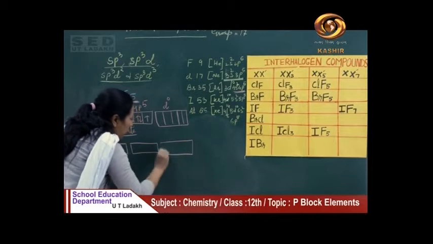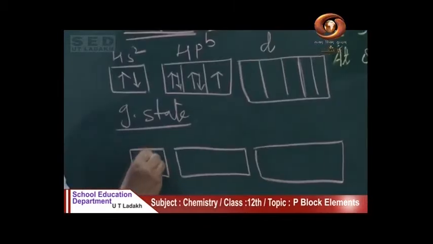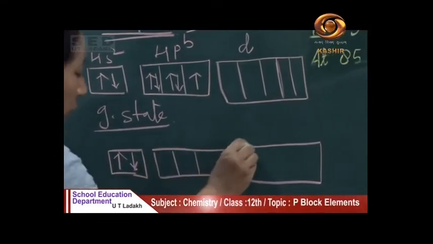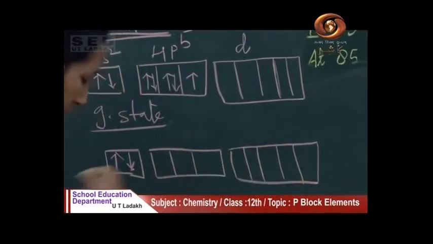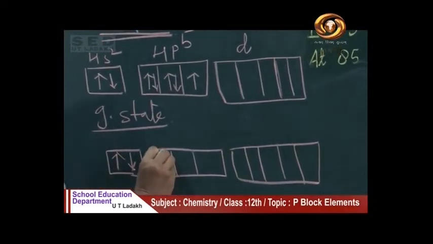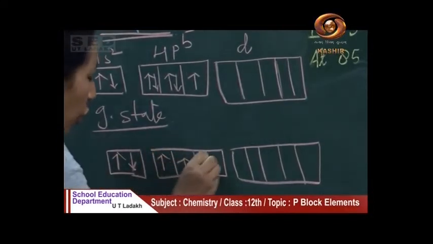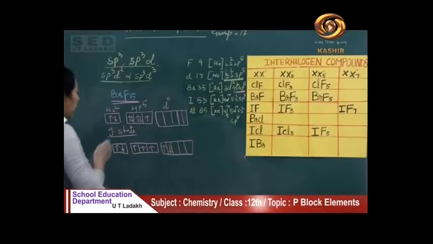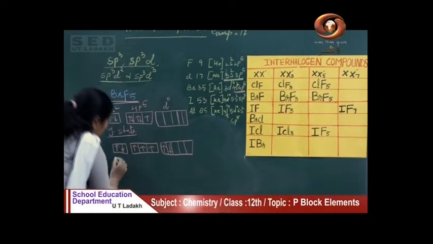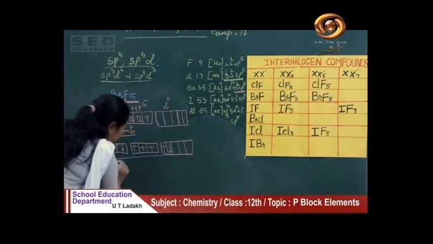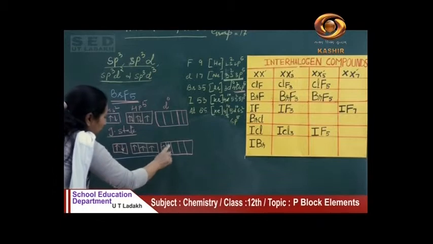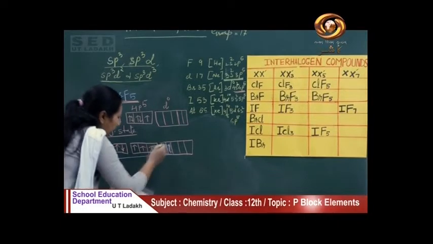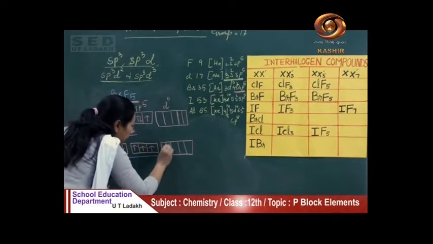Now we have to create 5 unpaired electrons: 1, 2, 3, 4 and 5, and Br's electrons are arranged like this. All should be in the upward direction, student.